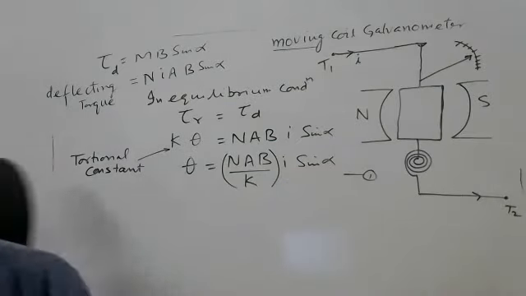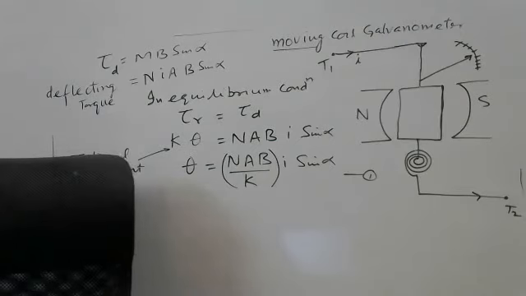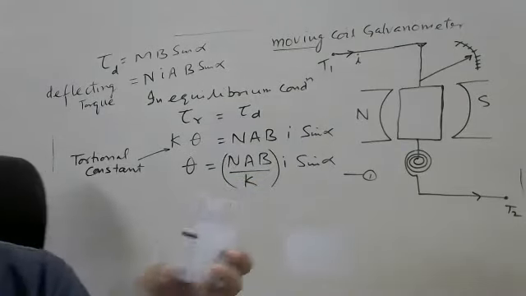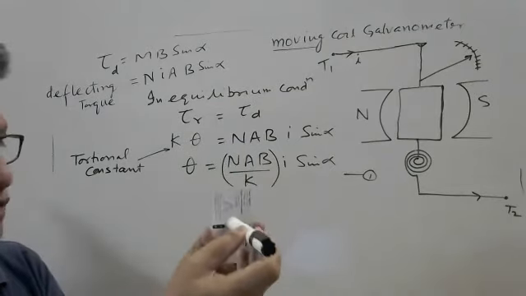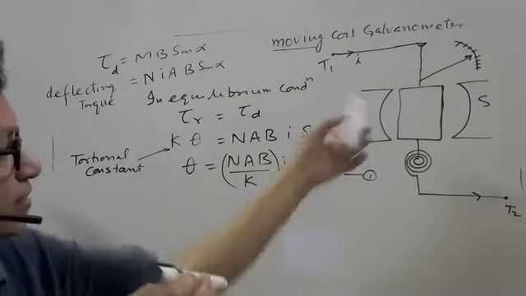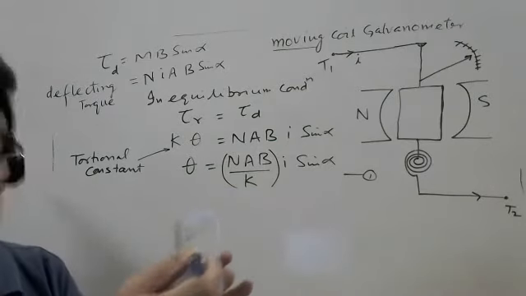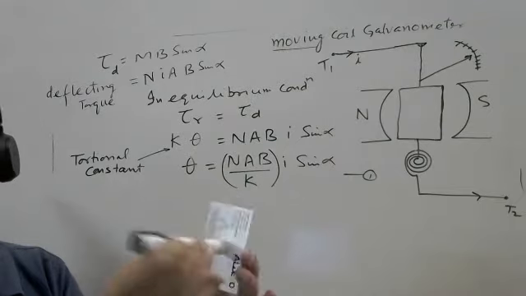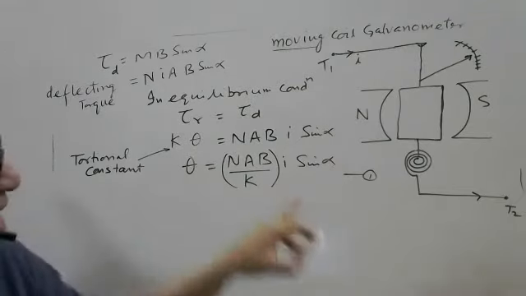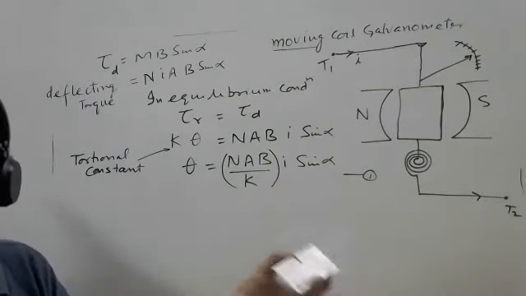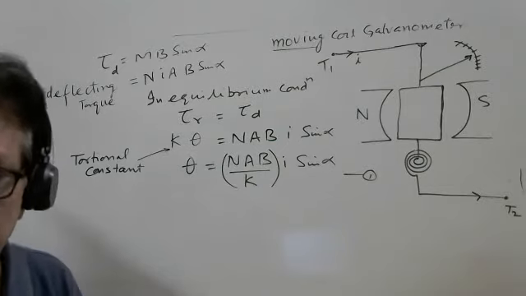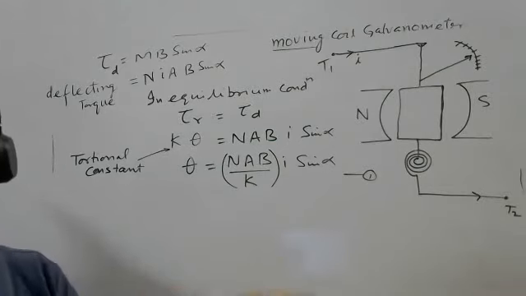Suppose this is the coil and this is the normal. If the coil rotates, the normal also rotates. It means the angle alpha is a variable quantity. And current is also variable, because we do not know what amount of current is flowing in the circuit. So here I and alpha both are variable.